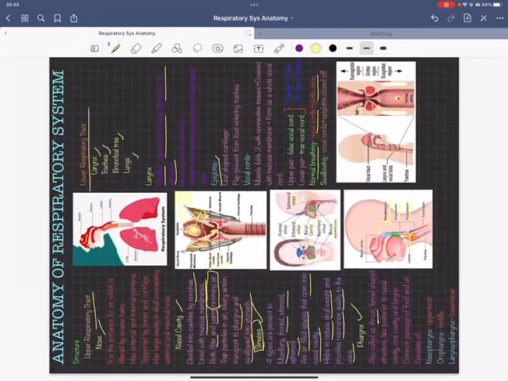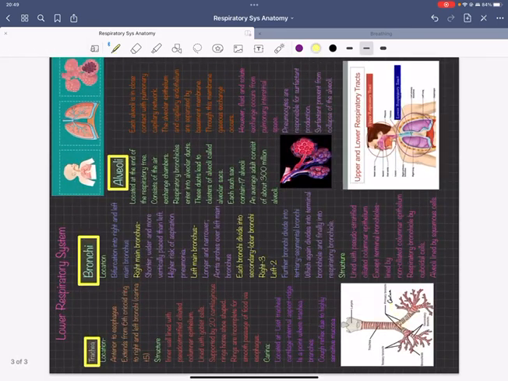Thus, this is the upper respiratory tract and lower respiratory tract that is present in the respiratory system. The nose, nasal cavity, sinuses and pharynx are the four structures that are present in the upper respiratory tract, whereas in the lower respiratory tract we have discussed larynx, and further we'll discuss trachea.